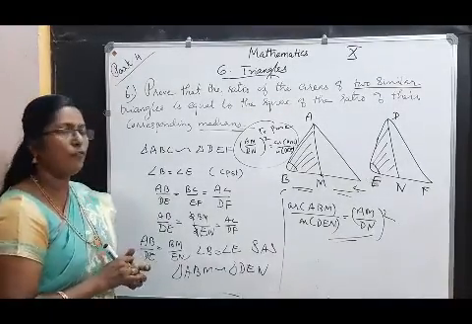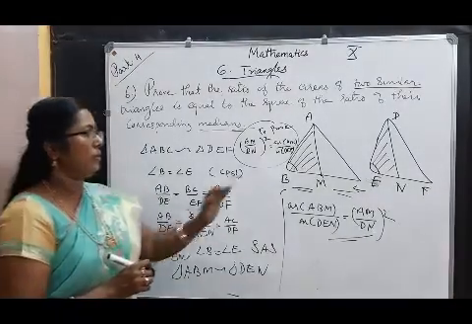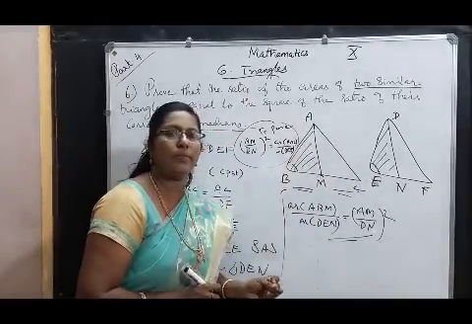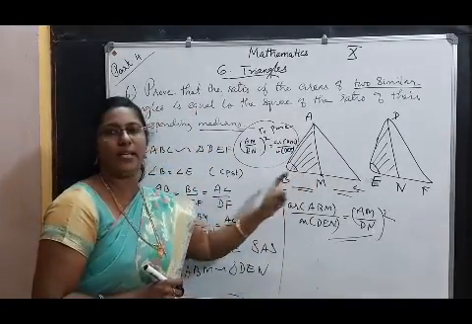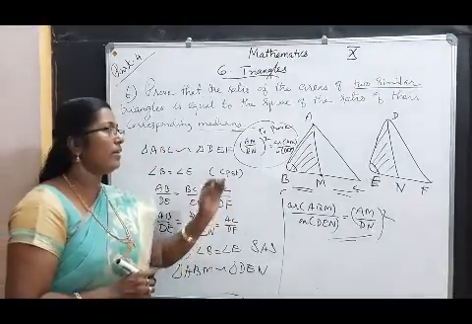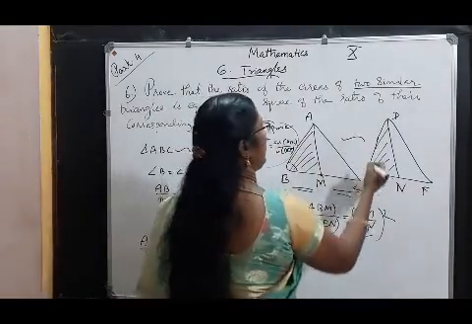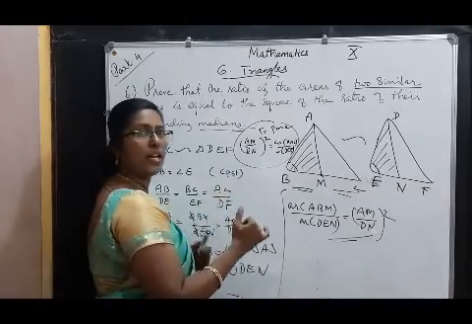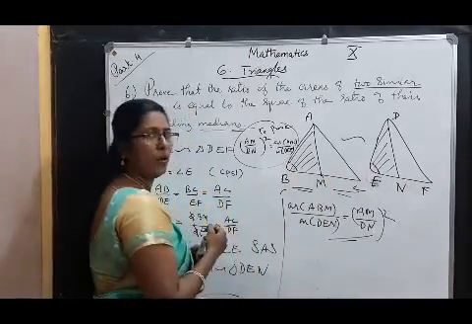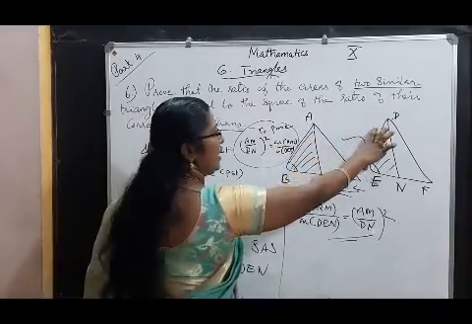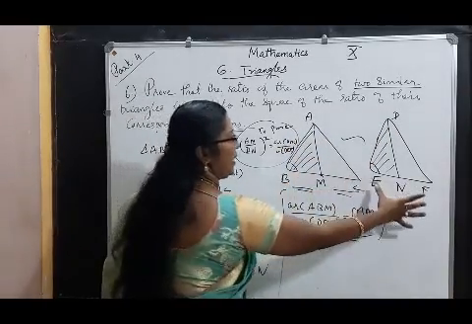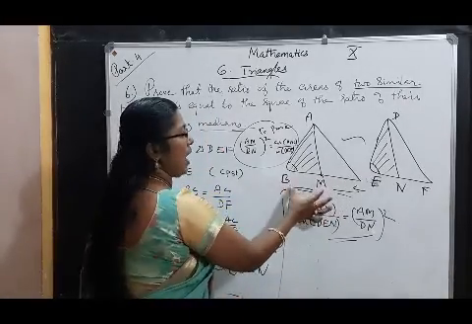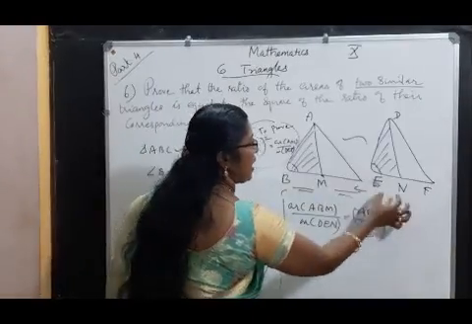Okay. First of all, we prove these two triangles are similar by SAS. Already given, triangles ABC and DEF are similar, so their corresponding sides are proportional and corresponding angles are equal. So AB by DE equal BC by EF, and angles B and E are equal. Then BM is half of BC and EN is half of EF.